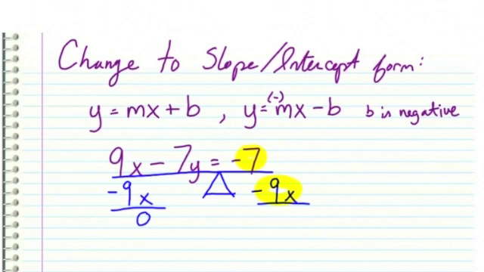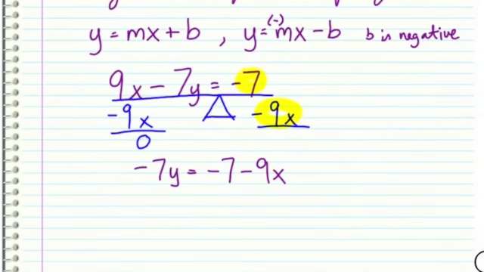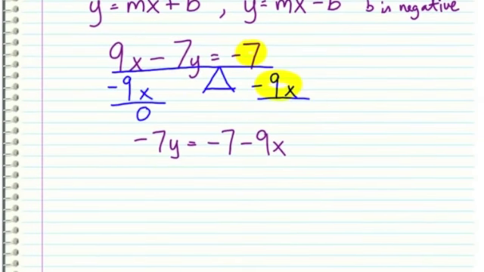Okay? Negative 7 and my negative 9x are not like terms, so I should not combine them. I should leave them as separate pieces of my equation. So now I rewrite what I have, and I have negative 7y equals negative 7 minus 9x. Now, my equation is pretty much in the right order.